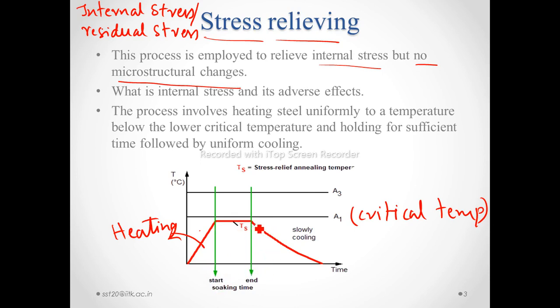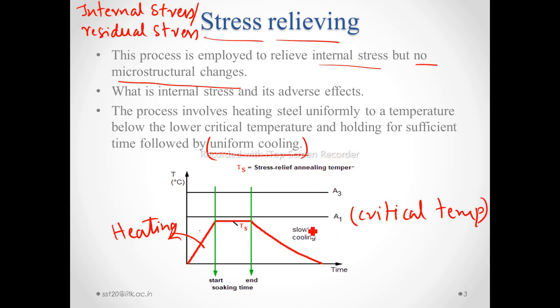Afterwards, we have to do careful uniform cooling. This is very important, crucial also. If we do not do uniform cooling, there is again a development of internal stresses and there is no use of this whole process.